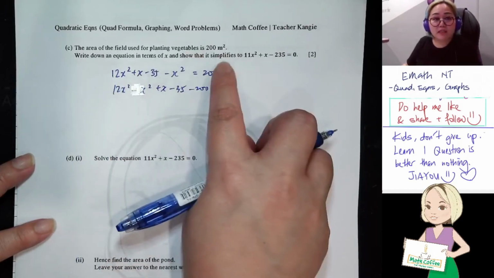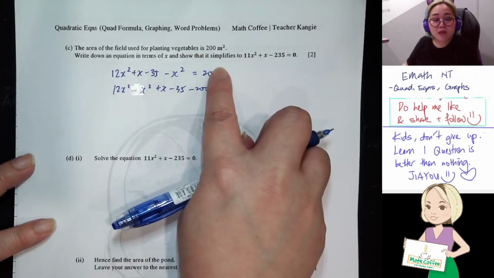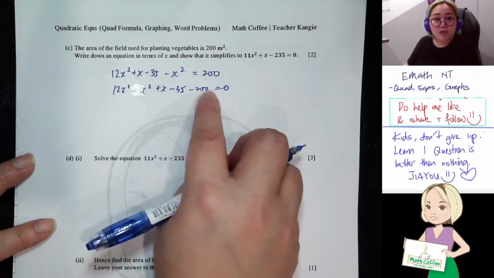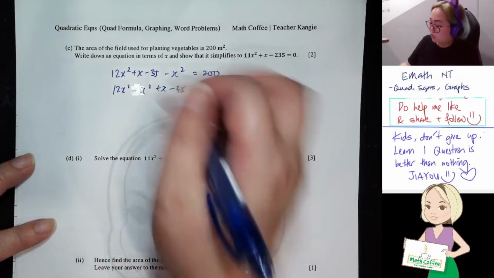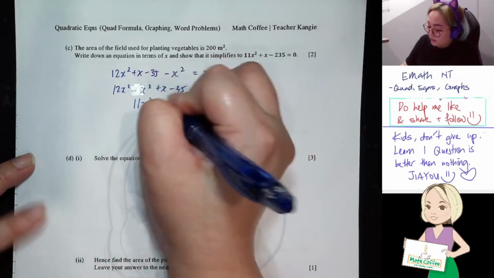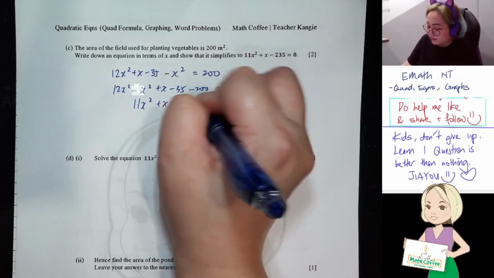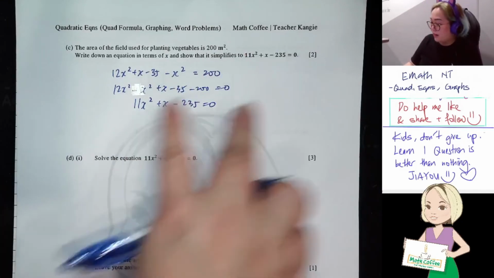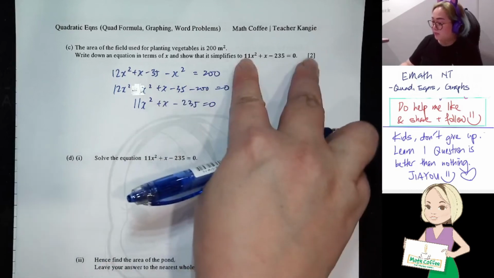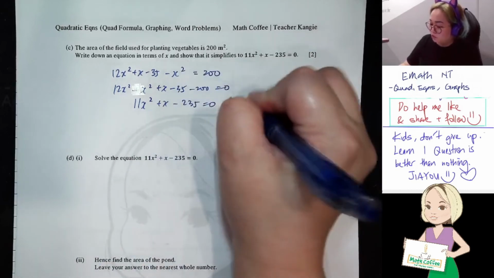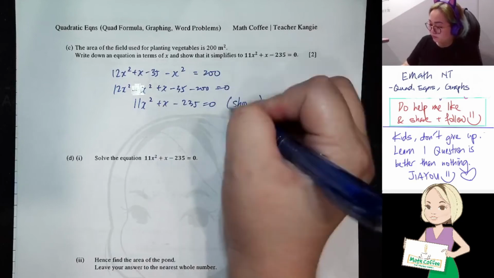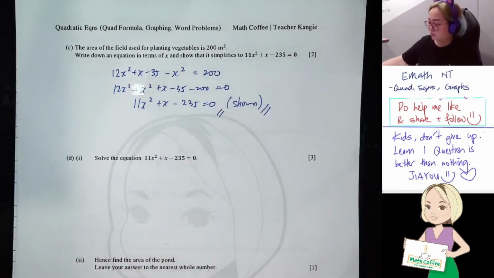The only thing is this positive 200 on the right, I put to the left hand side, it becomes minus 200, and this equals 0. When I simplify, I get 11x squared plus x minus 235 equals 0. Compare this and this. It's exactly the same, and it is shown. Done.